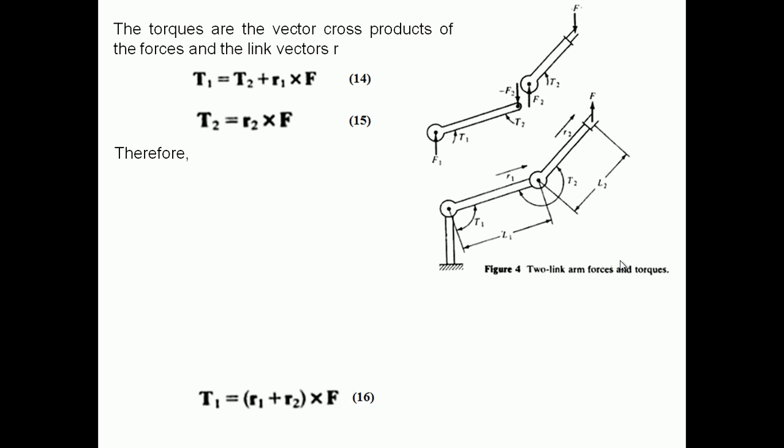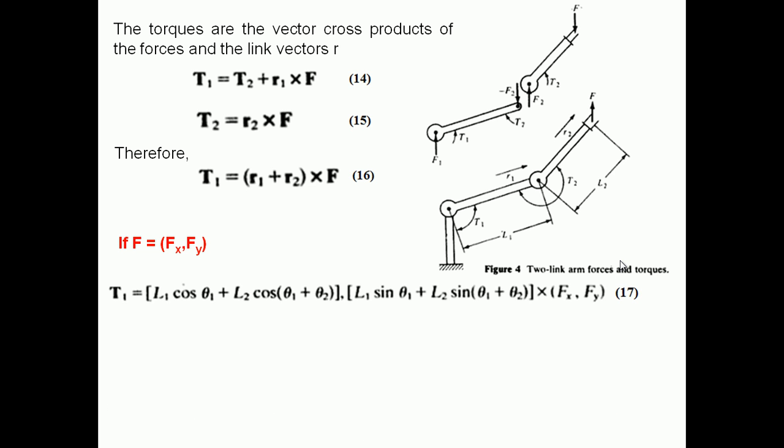So therefore, if I am taking T1, based on equation 14, it is R1 plus R2 cross F, obviously. If you are taking F is equal to Fx comma Fy, try to understand the condition. If F is equal to Fx comma Fy, then you will get this equation.